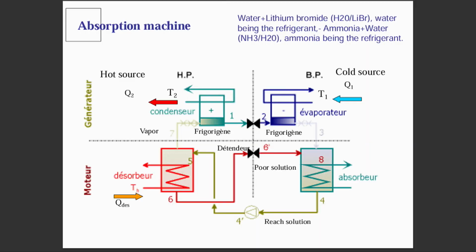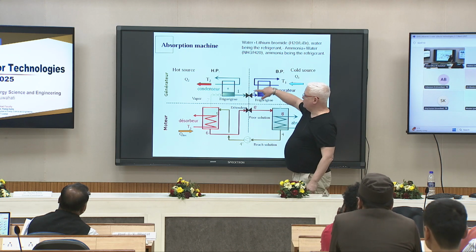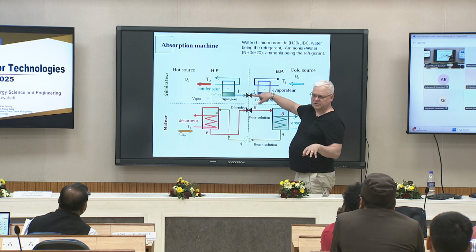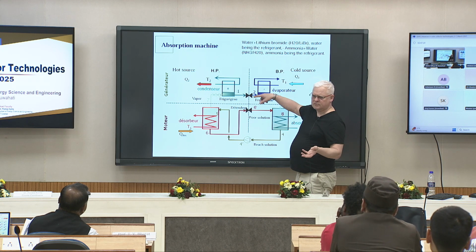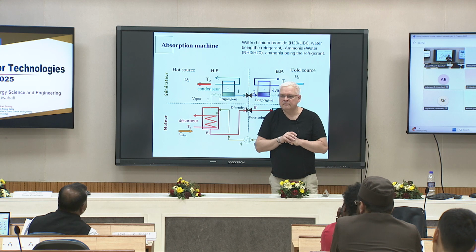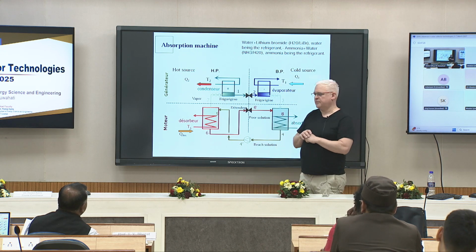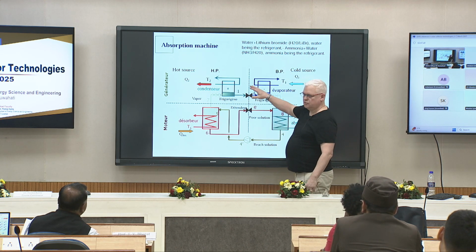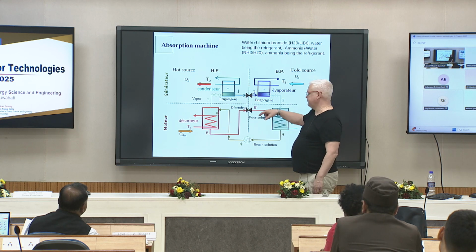So this is my machine. You can recognize that there is a condenser, classical in a cooling system, an evaporator, and an expansion valve where you generate pressure loss. You have four main elements. The expansion allows you to decrease the pressure.